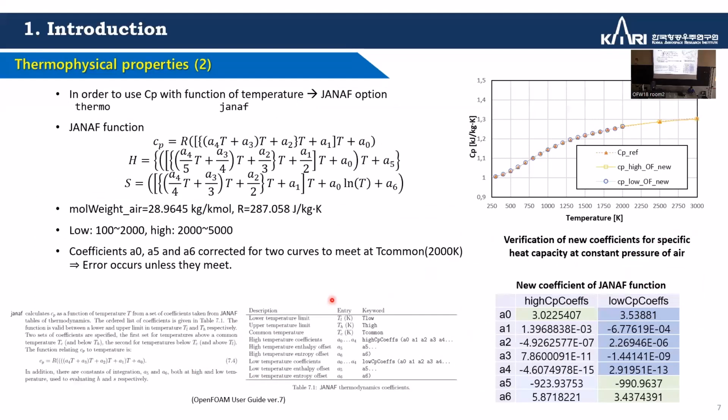And also, more importantly, we need the Cp, the specific heat capacity at constant pressure of air, according to the air temperature. But the only option we can use is the GenF option, and you can find how to use it by reading the user guide.